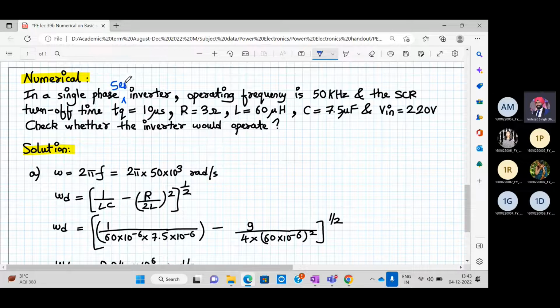I might have missed that, because if you call it a single phase inverter, it can be a parallel inverter also. So it has to be a series inverter. Let me add that over here.